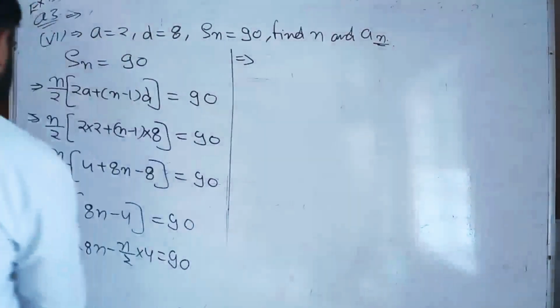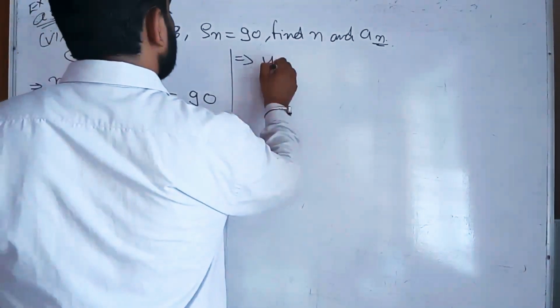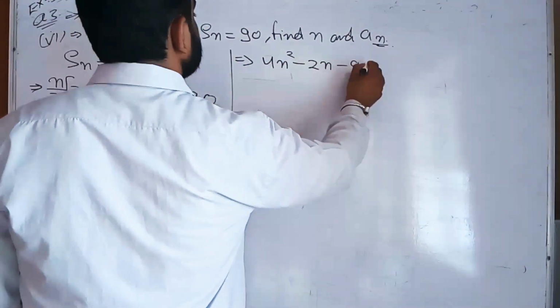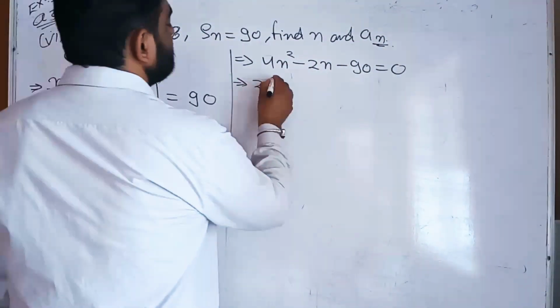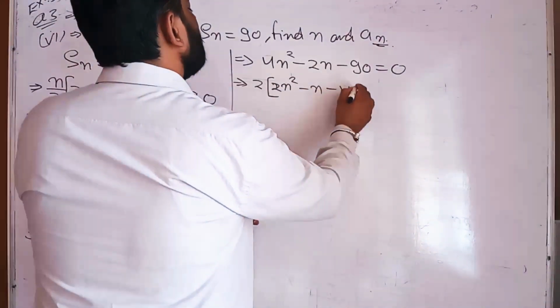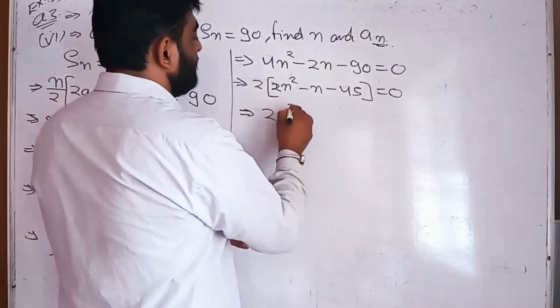If we simplify, that is 4n square minus 2n minus 90 equals 0. Simplifying further, the quadratic is 2n square minus n minus 45 equals 0. Why do we simplify the quadratic equation?